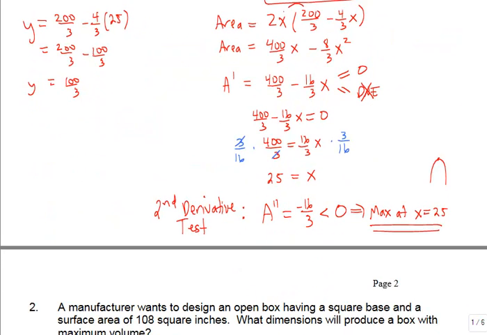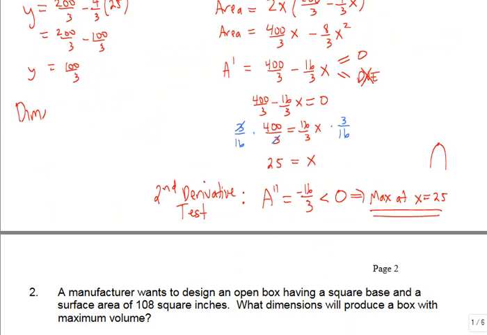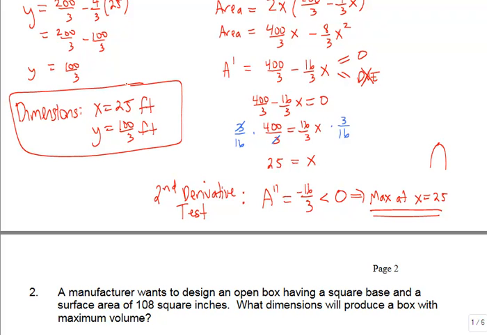So our dimensions would be x equals 25, and we were talking about feet, and y would be 100 thirds feet. Okay? All right, so let's try another example.